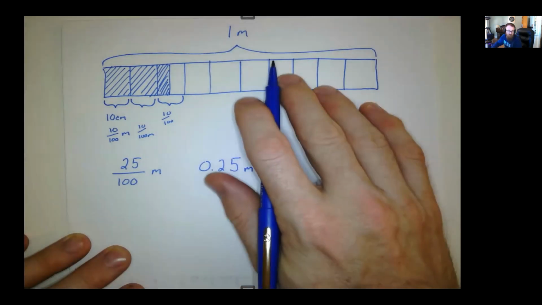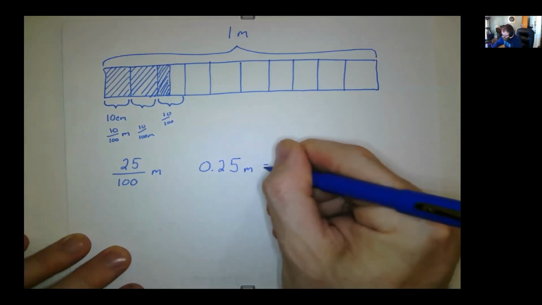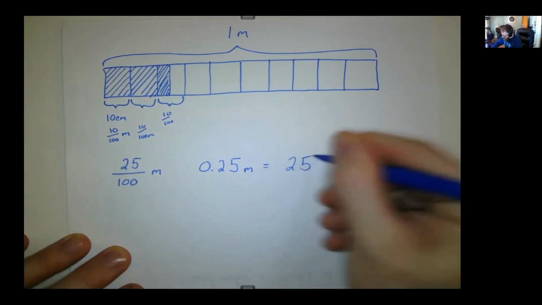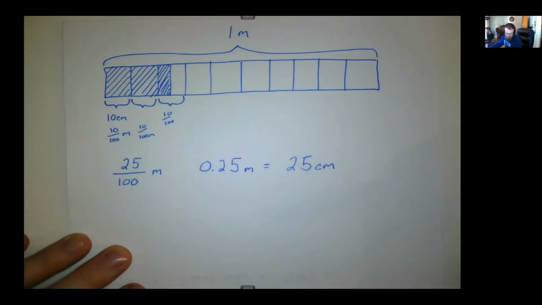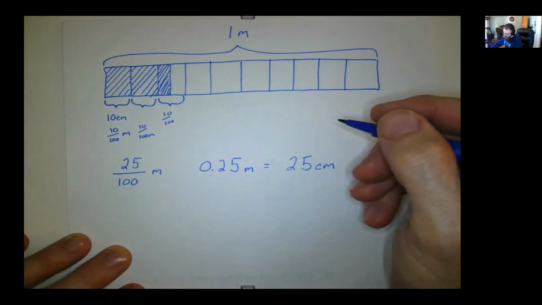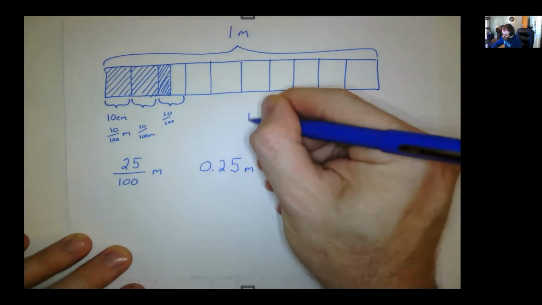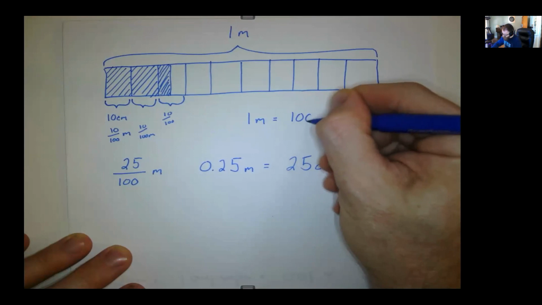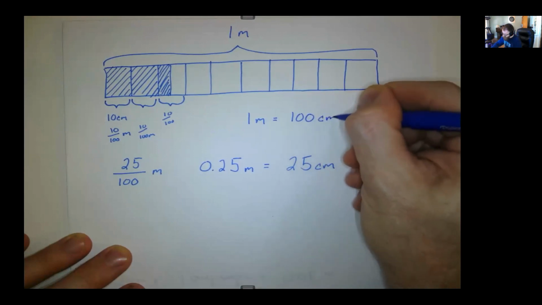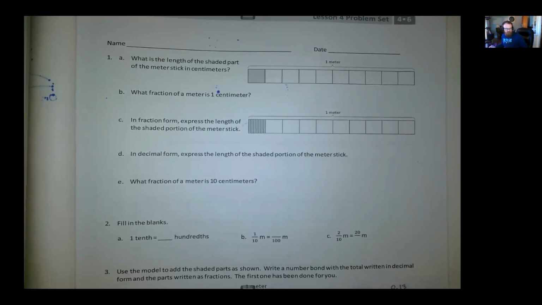And we know that if our whole is a meter, then 25 100ths of a meter is equal to 25 centimeters, because in each meter there are 100 centimeters. 1 meter is equal to 100 centimeters.